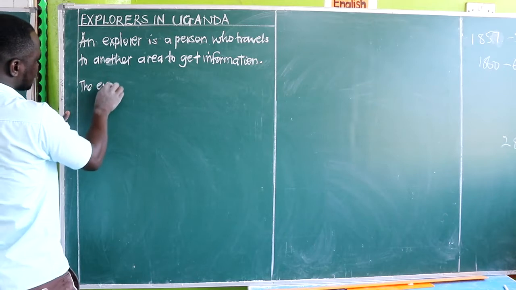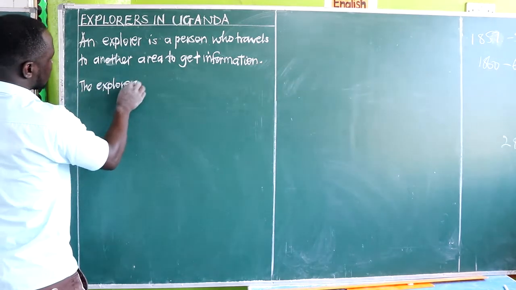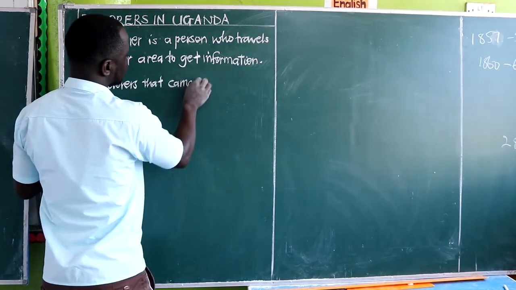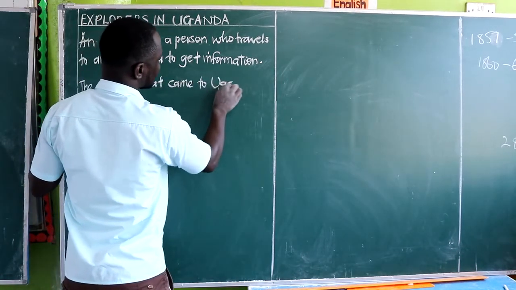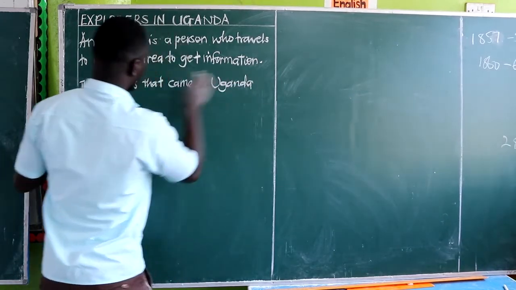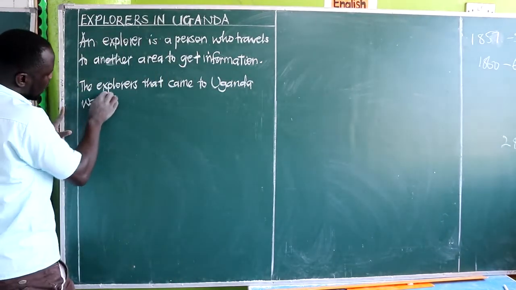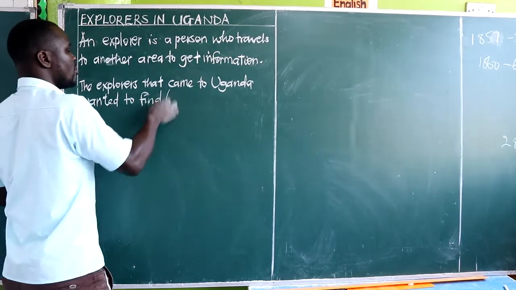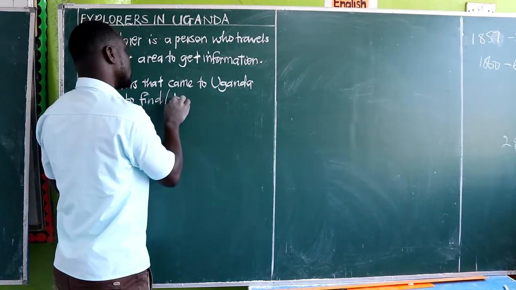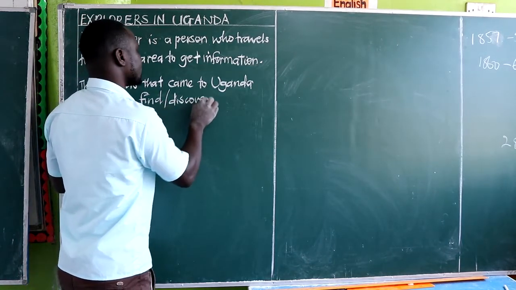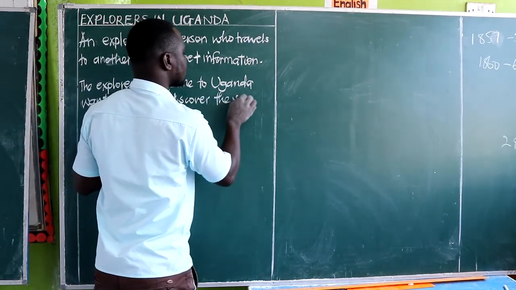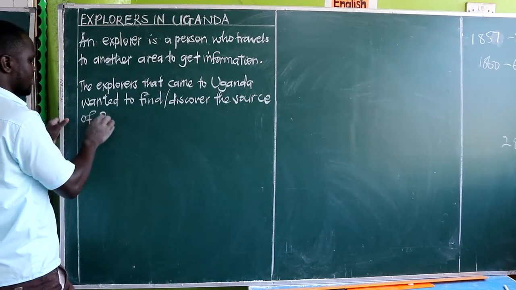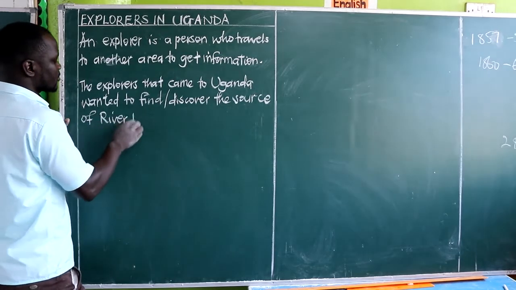The explorers that came to Uganda, we shall simply say, they wanted to find, or we can say they wanted to discover the source of River Nile.